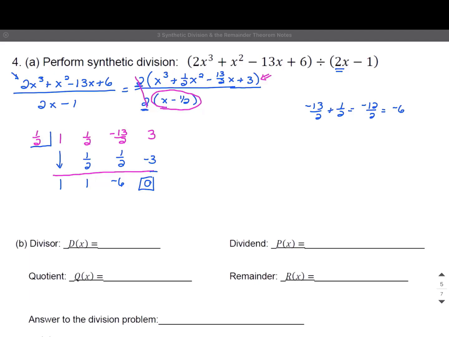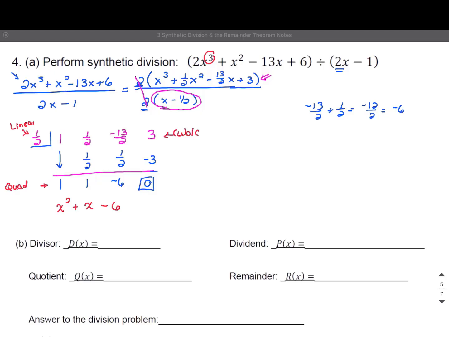Now we started with an x cubed, so these are the coefficients on a quadratic, okay? Because we started with the cubic, we divided by a linear, we're going to get a quadratic. So I have 1x squared plus 1x minus 6, and I have no remainder.